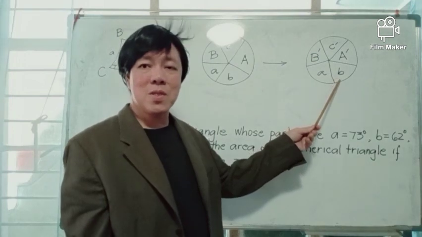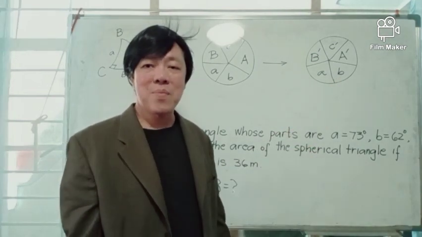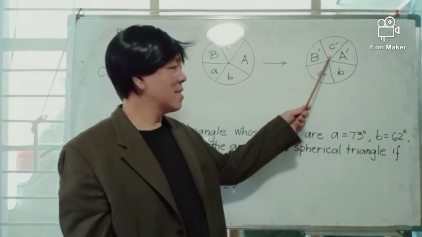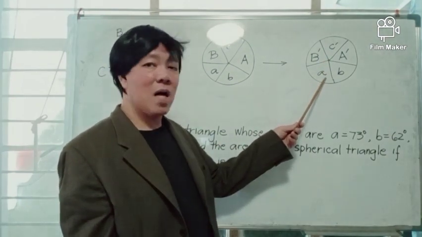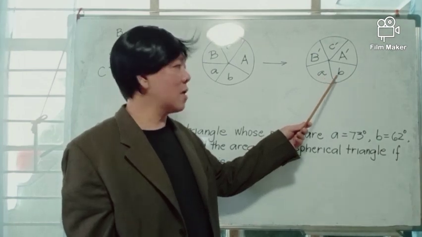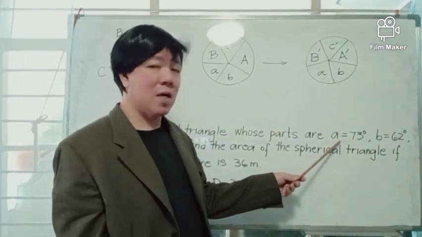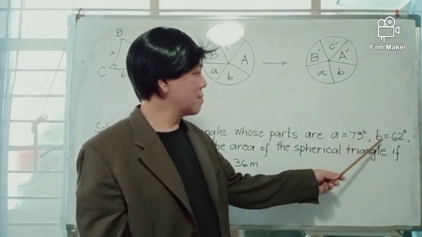Using the second Napier's rule, which states that the sine of the middle part is equal to the product of the cosines of the opposite parts, and we are given the opposite parts, small a and small b.